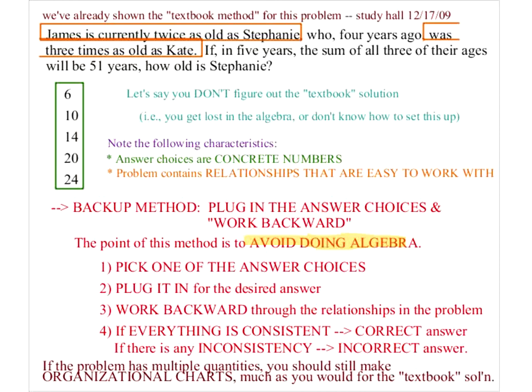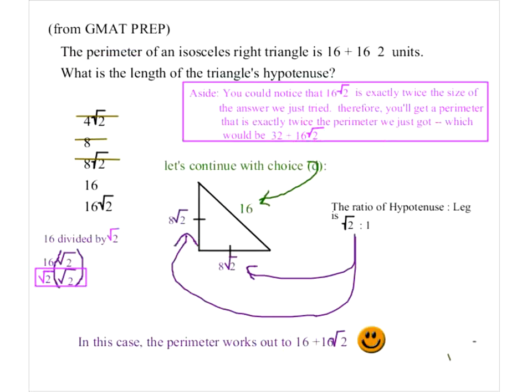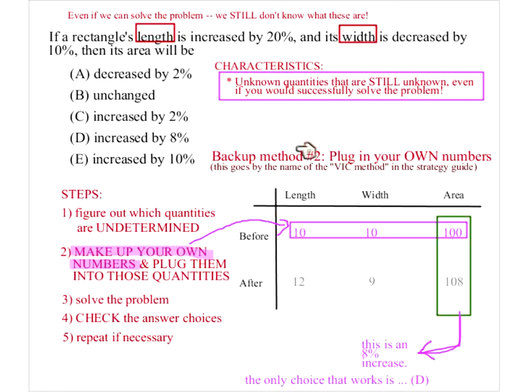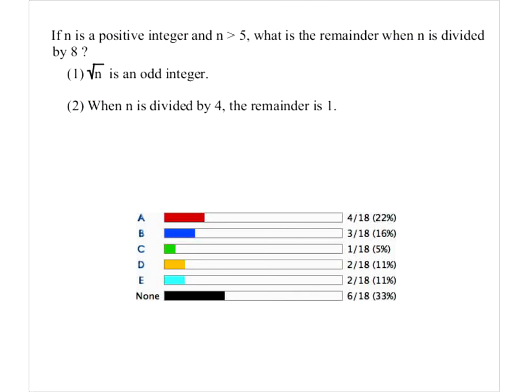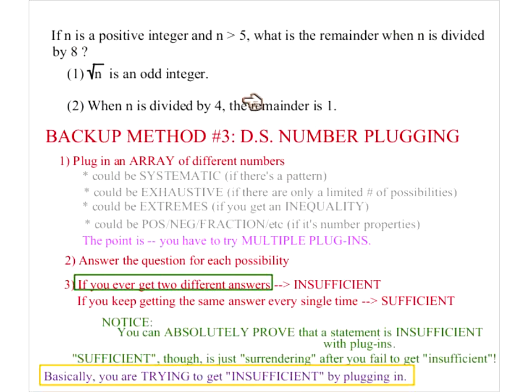The first backup method is plug in the answer choices and work backward. The second backup method is pick your own numbers. And the third backup method is number plugging for data sufficiency, which is entirely different.